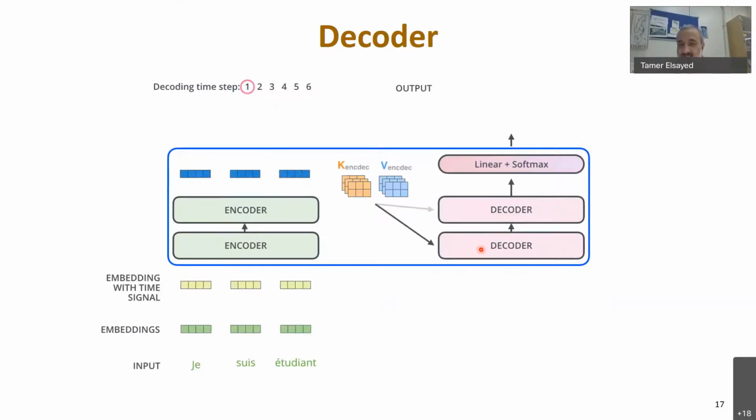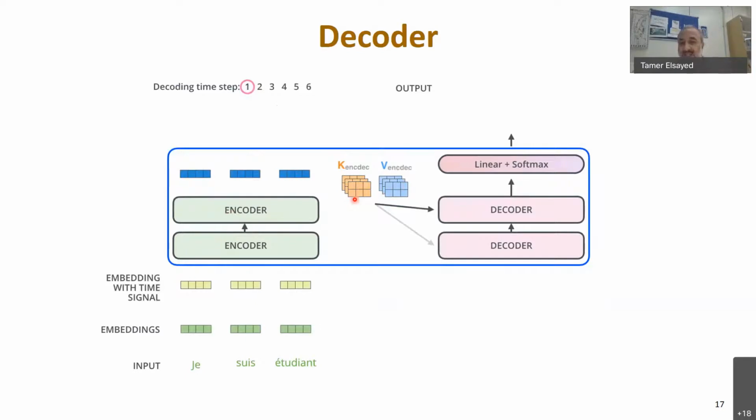Now you will see that the stack of decoders will provide the first word in the output. Remember that we are at time step 1. So at time step 1, we assume that we are done with all encoding steps. The input sequence is given to the encoder stack, and now we have the output of the encoder stack, which are the embeddings, the blue ones here, and the attention vectors, attention weights, or attention matrices.